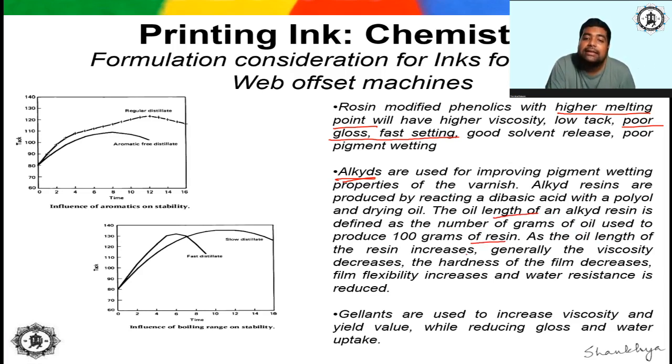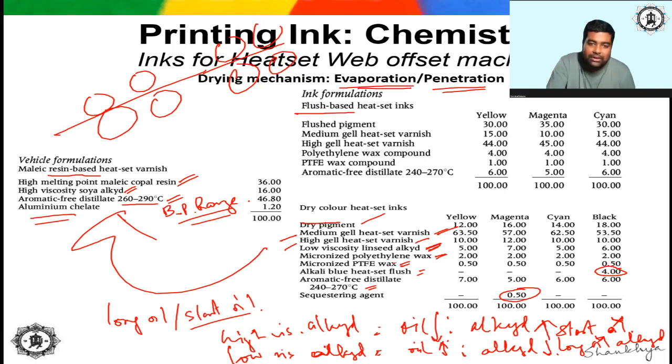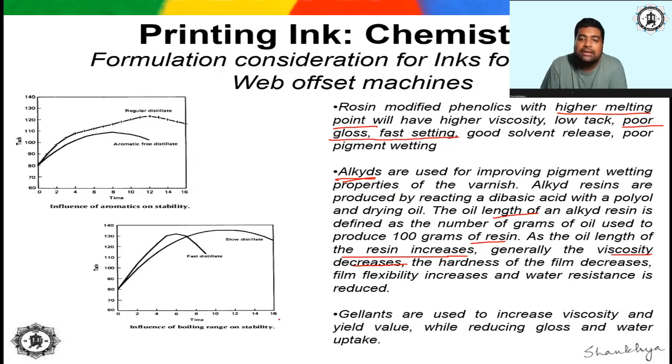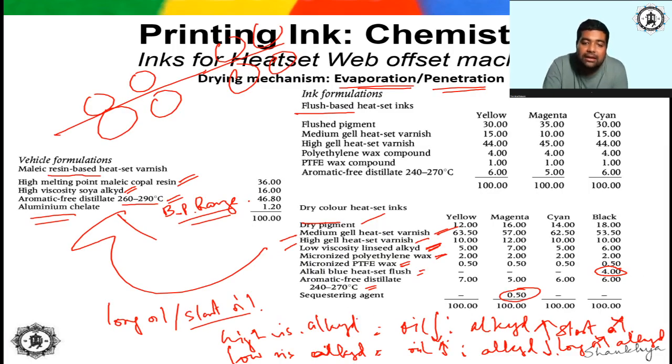As the oil length of the resin increases, generally the viscosity decreases. Does it match with what I told you here? That is, if the oil length increases, then what is happening? The oil is increasing, the alkyd is reducing.